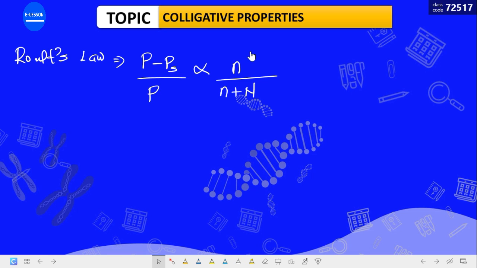Now, having stated Raoult's law, this will help us to actually solve problems that have to do with vapor pressure lowering.